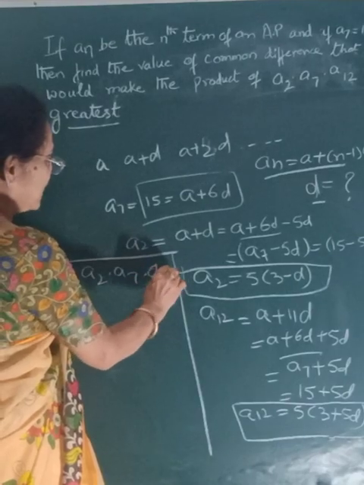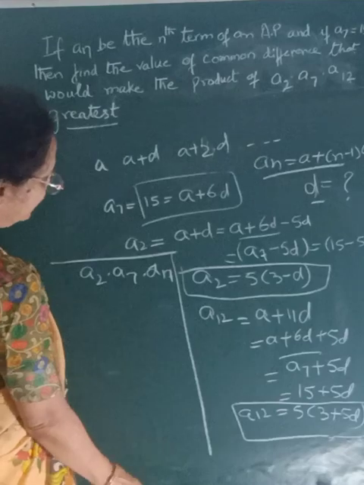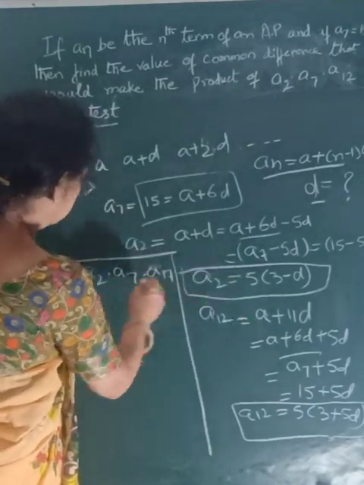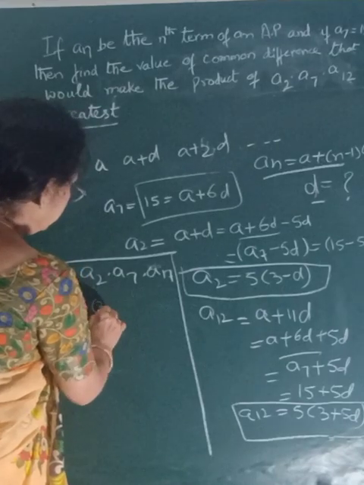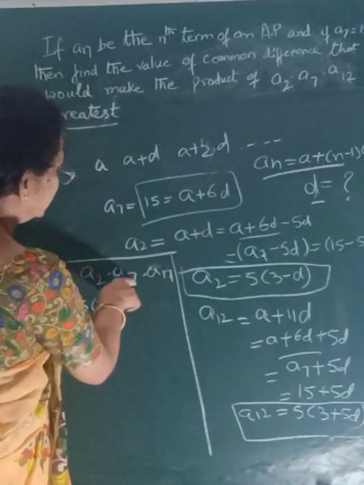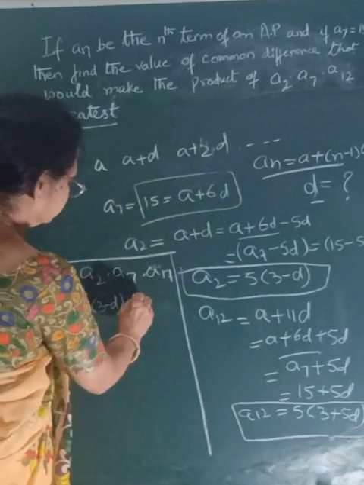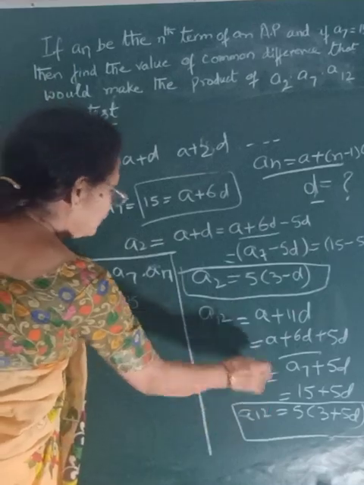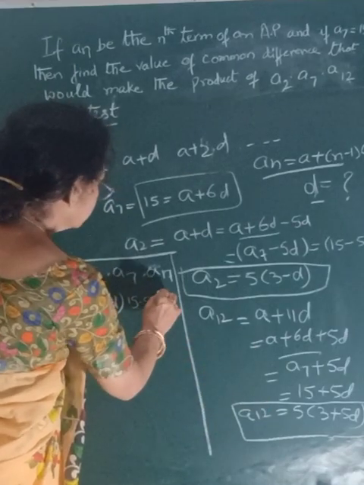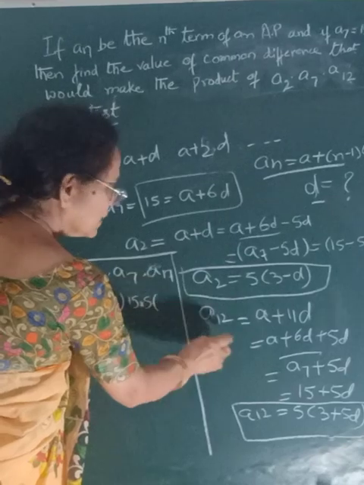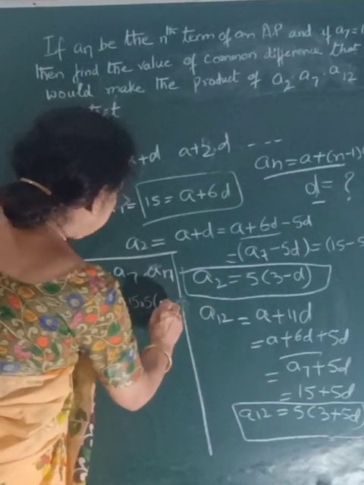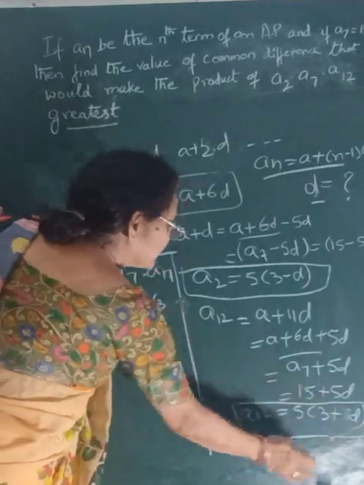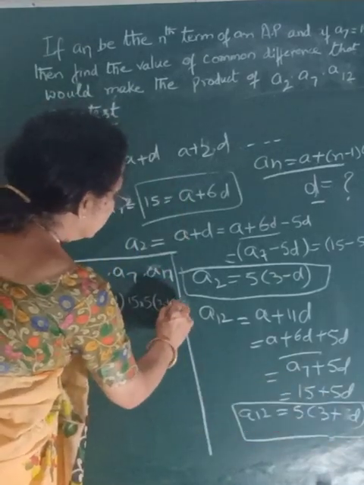The condition for this to be maximum is to be found for a particular value of D. A2 is equal to 5 into (3 minus D), A7 is equal to 15, and A12 is equal to 5 into (3 plus D). 5 is taken common, 3 plus D.